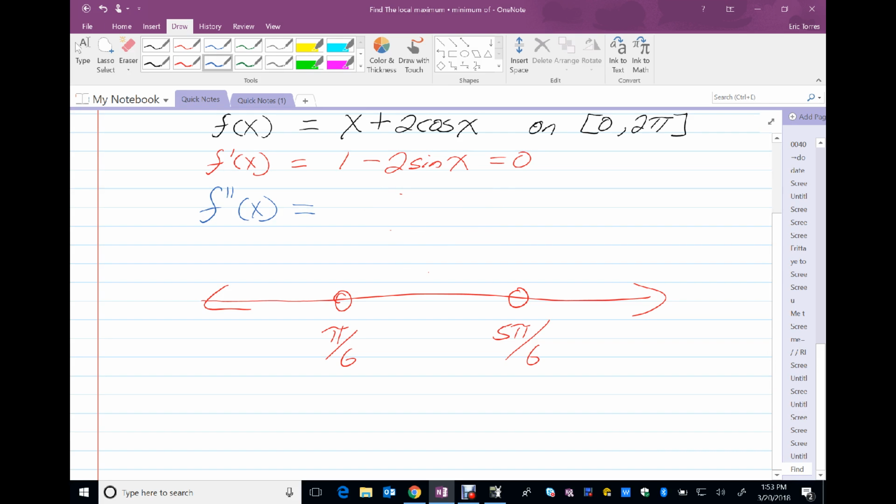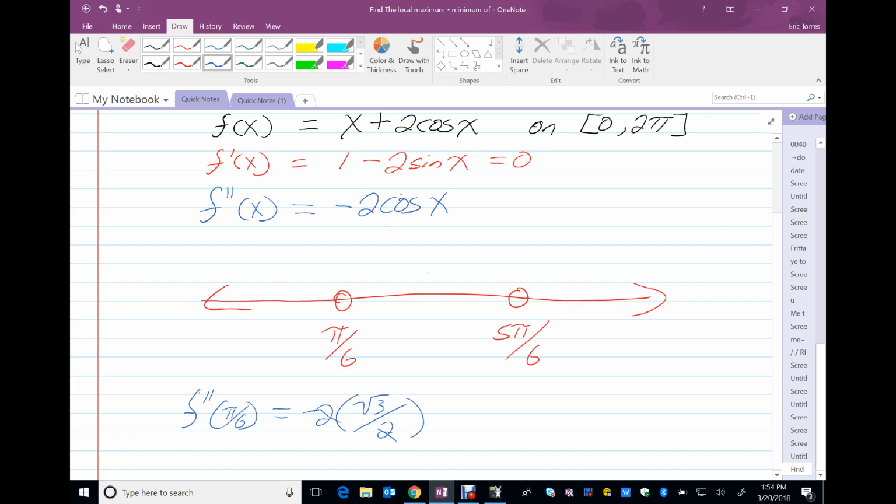So what I'm going to do next is take the second derivative. And this is going to give me negative 2 cosine of x. I'm sorry, getting ahead of myself. And I'm going to plug in pi over 6. Well, when you plug in pi over 6, you get negative 2 cosine of pi over 6, and the cosine of pi over 6 is square root of 3 over 2.